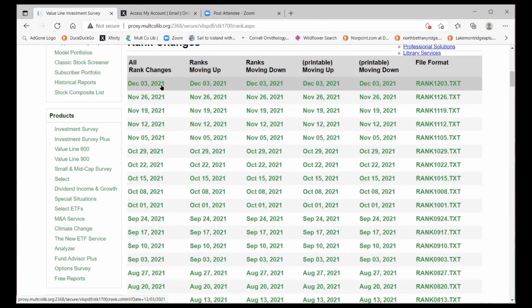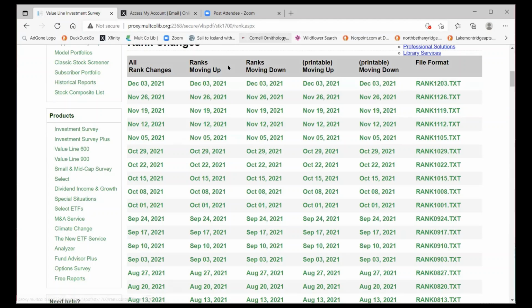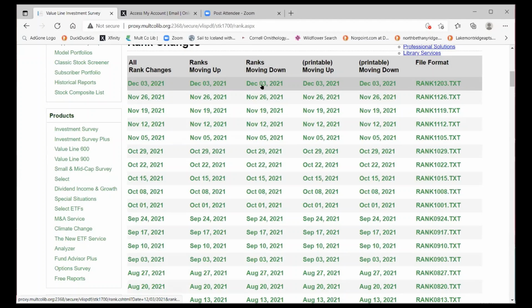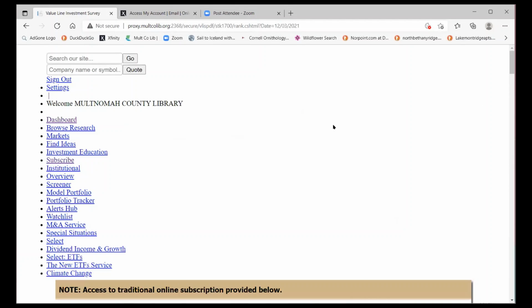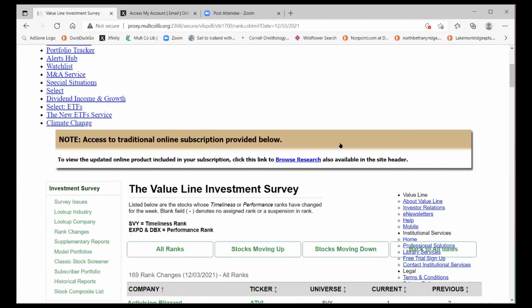So these, it's interesting. See, these are this week's changes because, you know, Friday was the 3rd. Everything else talks about December 10, but this is the 3rd. So if you're only interested in those moving up or down, you can click on either of these, or you can click on the all changes, which I tend to do, and it will bring up the changes for the week.